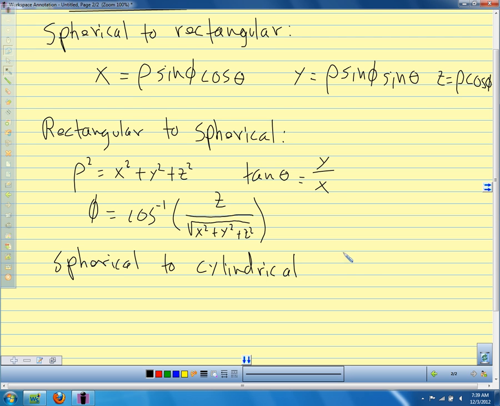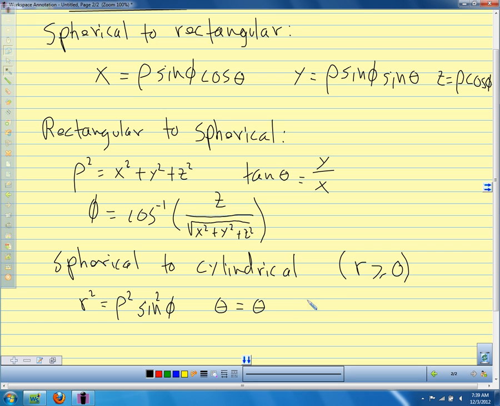And remember, we're saying that our r in cylindrical coordinates is greater than or equal to 0. So we're not allowing negative radii here. R squared is rho squared sine squared phi. Theta is theta.